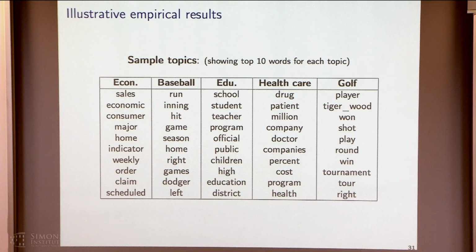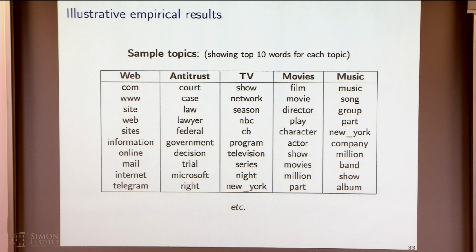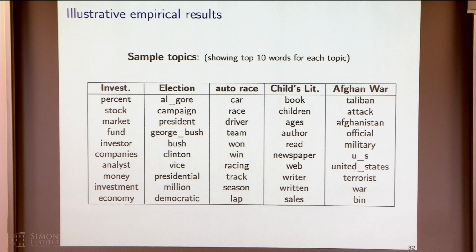So there's some topic that places large probabilities on economic-related words, on baseball-related words, and so on. This one tells you that it's from the early 2000s, a bunch of election-related words, and so on. The model generated the topics, or you gave the topics? The names, yeah, I made these up.